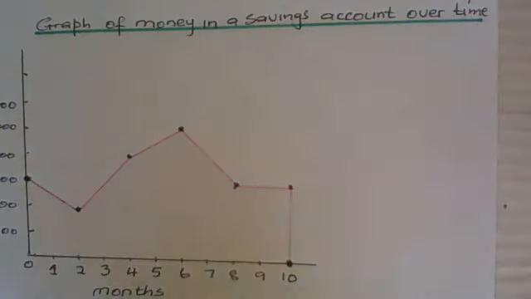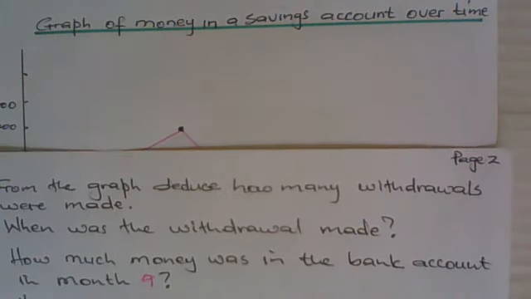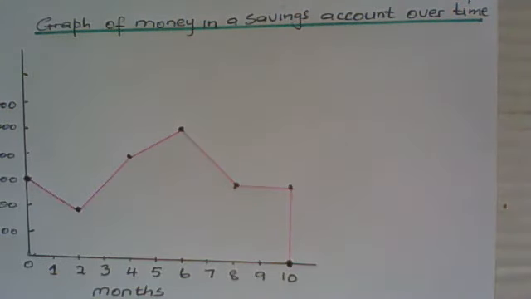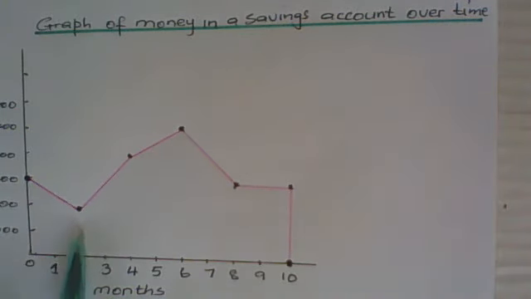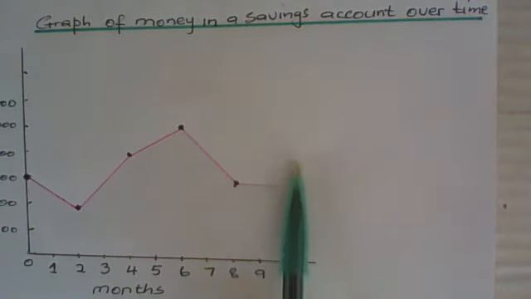That is how this graph tells us. Now, another question. When were the withdrawals made? The first withdrawal was made on the 2nd month, the second on the 8th month, and the last one on the 10th month. We can see them here, guys.